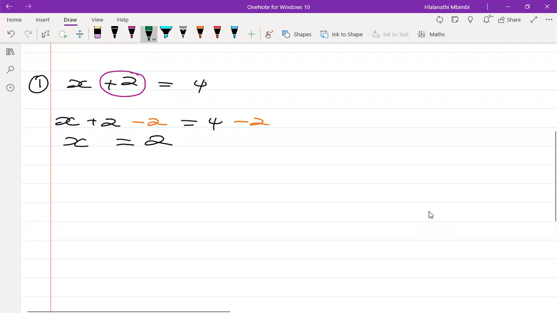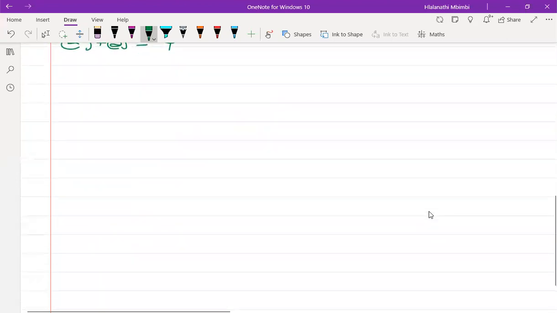You can check if that's correct. So you check by saying, my x is equal to 2, my equation was x plus 2 is equal to 4. Now, I want to check if I substitute 2 here, would I get 4? Boom, you get 4. So that's correct.